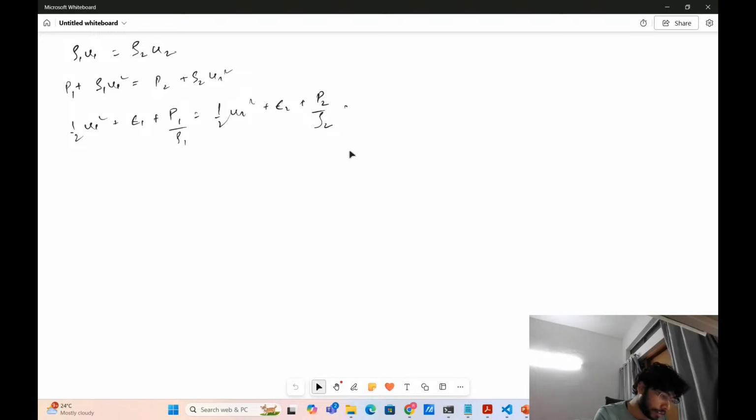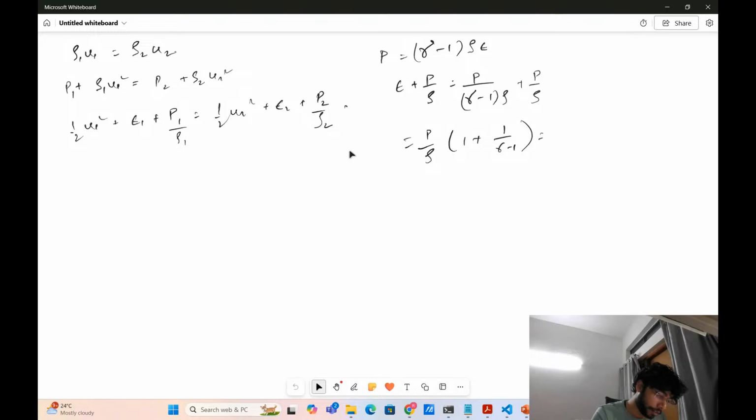So if you remember, for ideal gas, pressure is related to gamma minus 1 rho epsilon, right? So basically epsilon plus P by rho, we can write as, epsilon is P by gamma minus 1 rho, plus P by rho. This is equal to P by rho times 1 plus 1 by gamma minus 1, which is equal to gamma P by rho times gamma minus 1.